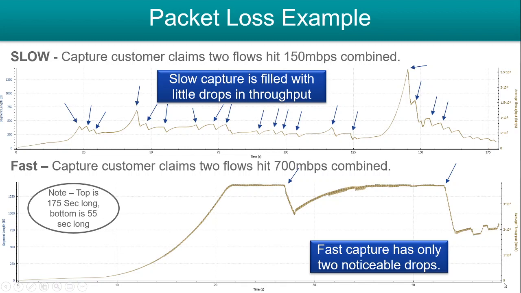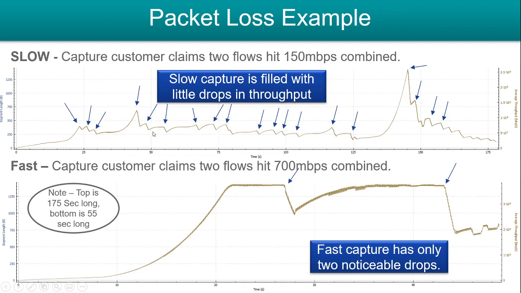However, despite that, we could see even in the first 50 some odd seconds, there were only really two big drops happening in the fast capture. But when I look at the slower capture, here at the 25-second mark, there's 3, and right around that 50 to 55-second mark, there's at least another 3 more.